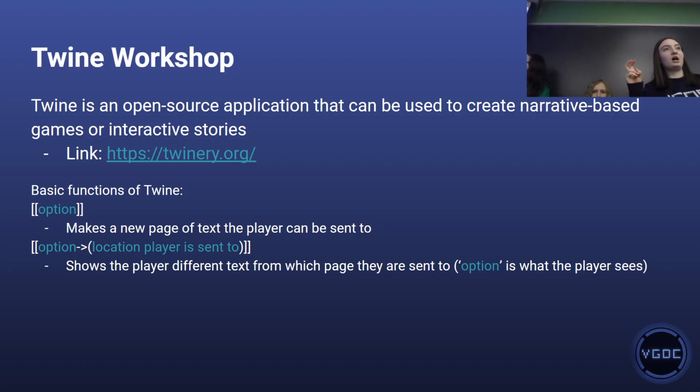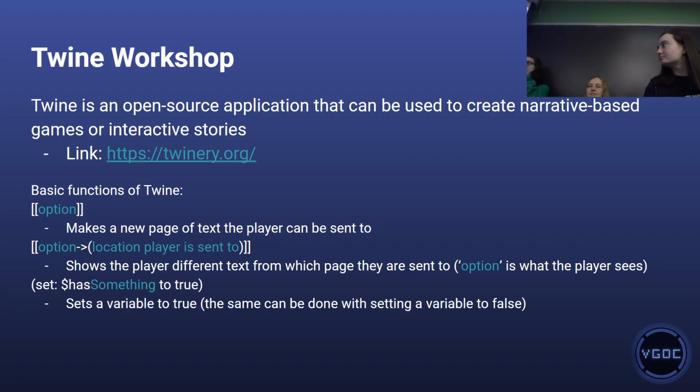Basically the option word again is what the player will see, but then after the little arrow, you will have the location or the page that the player is actually sent to in your whole Twine pages. It's very page-based where you're putting different parts of the story, like different scenes, so to speak, on different pages. It's as easy as these games can get to make. It's fantastic.